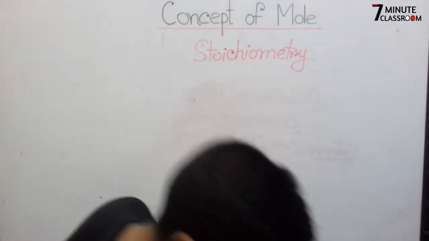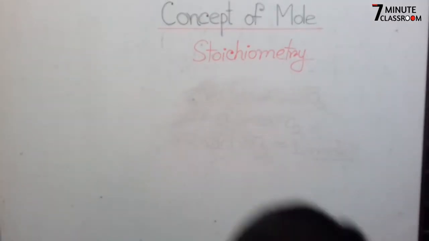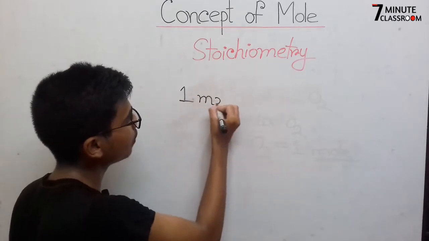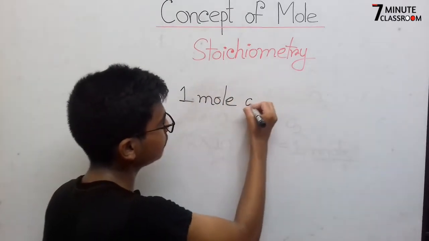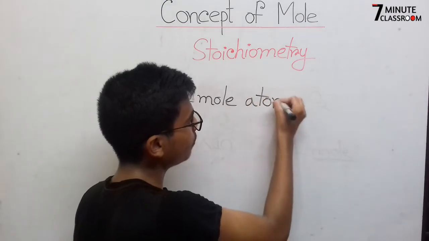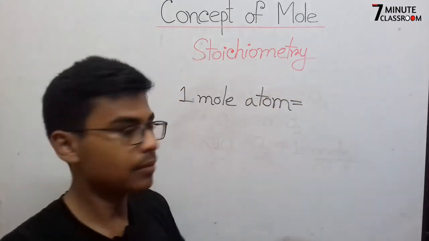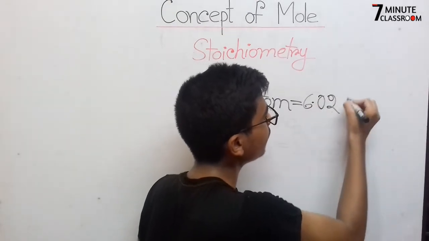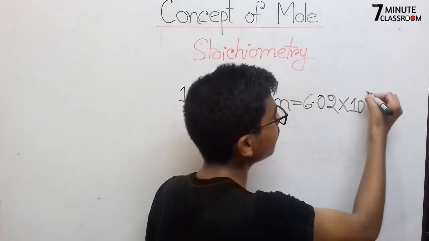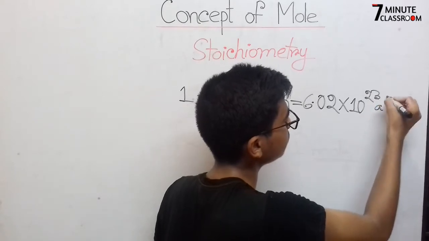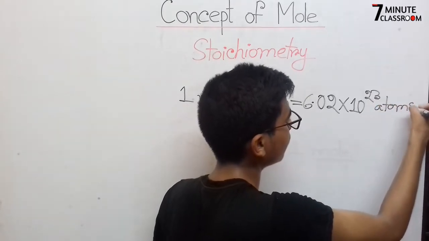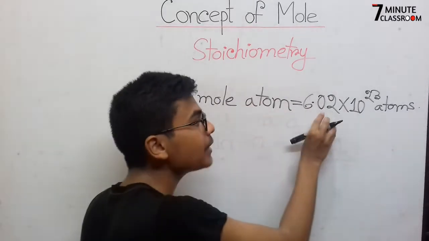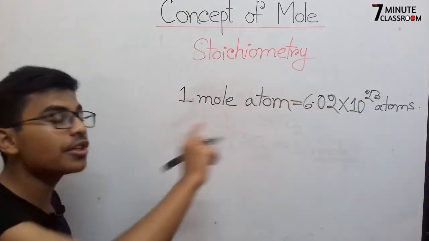Okay, so if we write here 1 mole of atoms, 1 mole of atoms equals how many atoms? That is 6.02 into 10 to the power 23 atoms. That means in 1 mole of atoms there are 6.02 into 10 to the power 23 atoms.